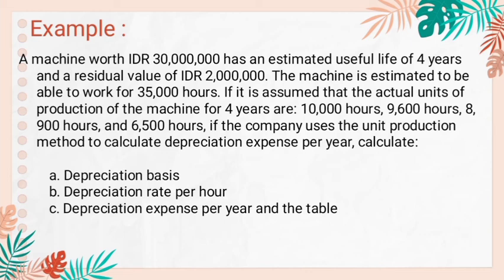The machine is estimated to be able to work for 35,000 hours. Assume the actual production of the machine over 4 years is 10,000 hours, 9,600 hours, 8,900 hours, and 6,500 hours.